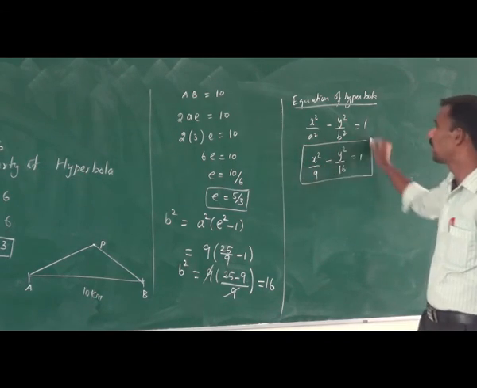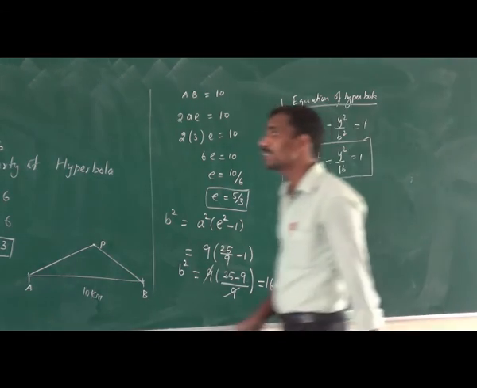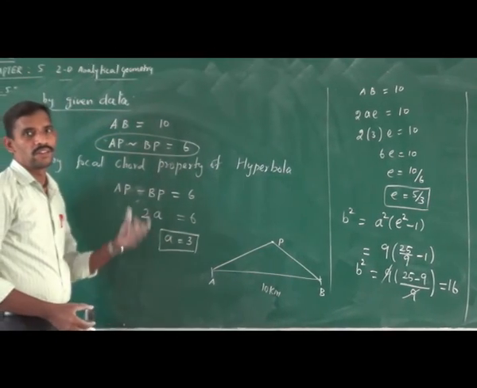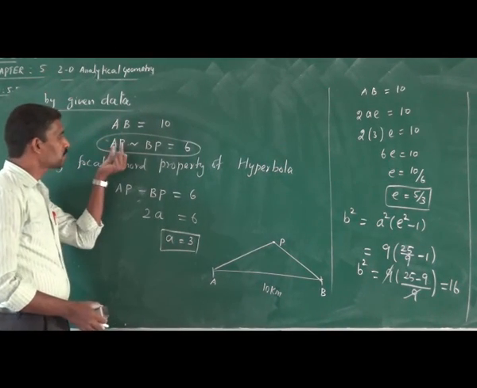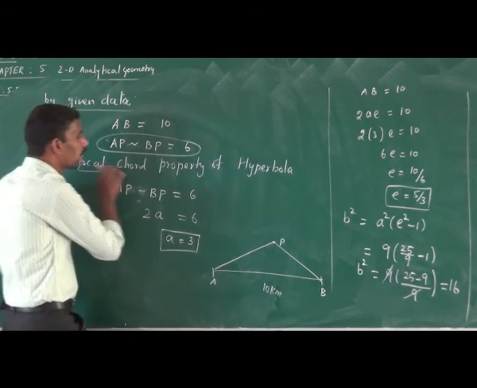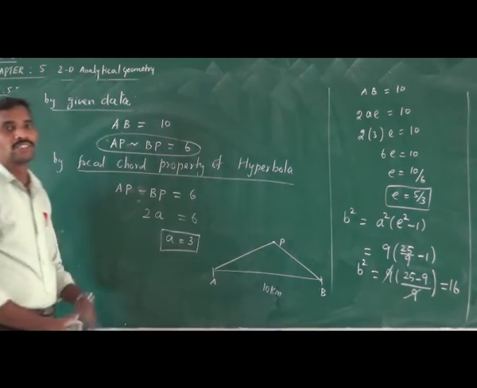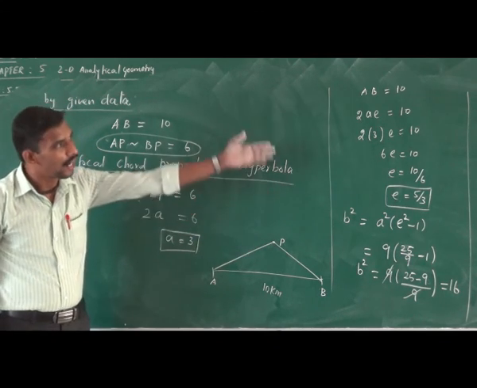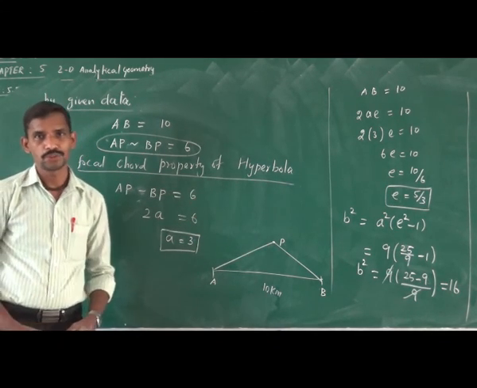So this is the required equation. By using the given concept, the difference of times of sound, AP minus BP is equal to 6, it gives the focal chord property of hyperbola. So now we have identified that the curve should be a hyperbola and got the hyperbola equation too. Thank you.